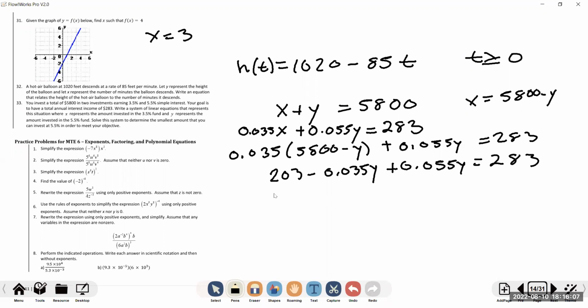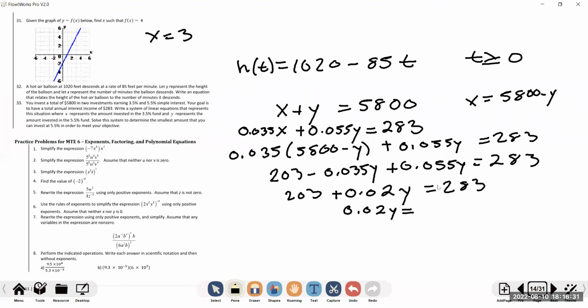So let's combine my like terms first. So this is going to be plus 0.02Y is equal to 283.